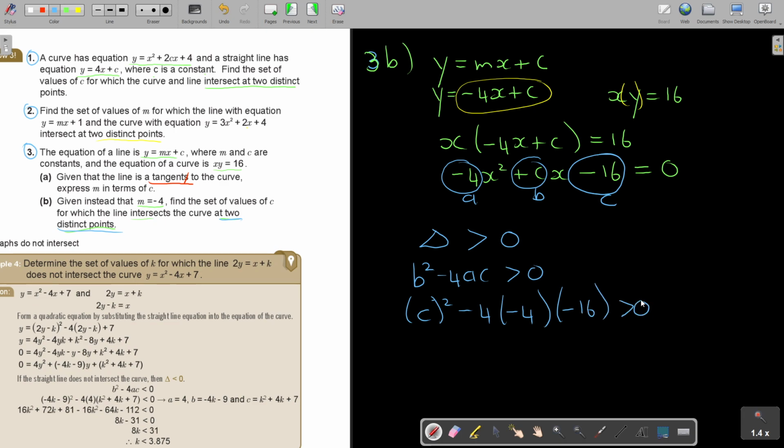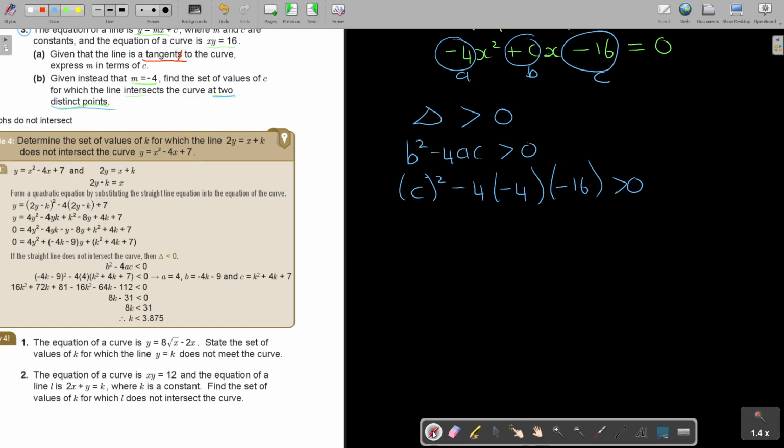Okay, and now I'm just going to move it up. And now I'm going to get c squared. Okay, now this is going to be positive 16 times negative 16. So it's going to be negative 256, and that is going to be bigger than 0. Okay.